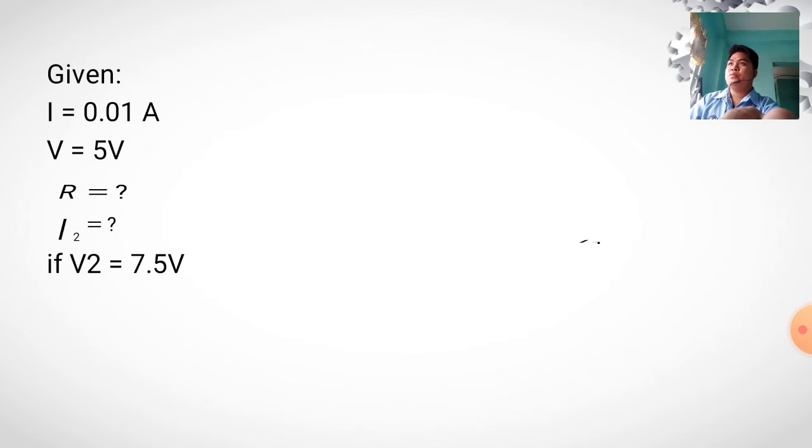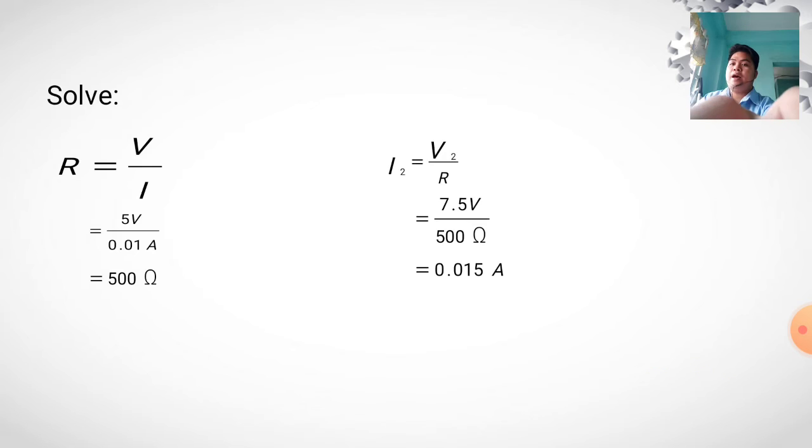Now we're just going to substitute these into the formula. For R, we have R equals V over I, or resistance equals voltage over current. So just substitute the given: 5 volts over 0.01 ampere, which equals 500 ohms. That is R1, the resistance. Now we're going to compute for the current I2.